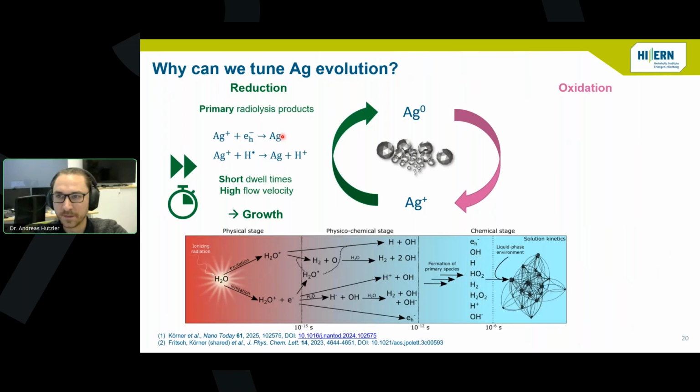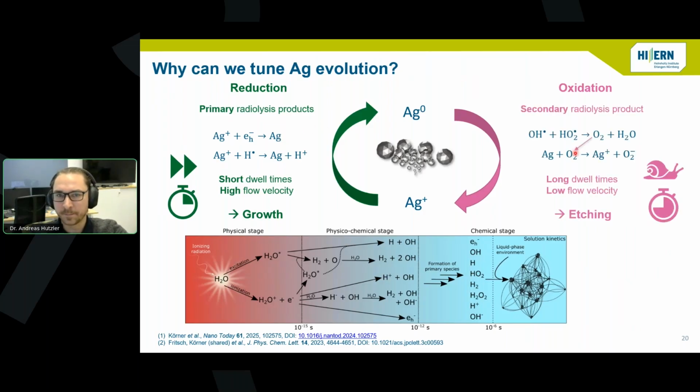silver 4 clusters. Whereas the oxidation, this does not happen with primary radiolysis products, but with a secondary radiolysis product, which is molecular oxygen. And molecular oxygen has to first build up in a primary reaction with the hydroxide radical and the superoxide radical. And this is actually also the reason why this OH radical scavenger prevents etching of silver.